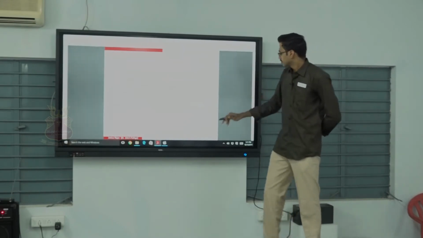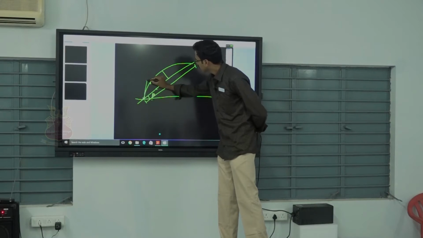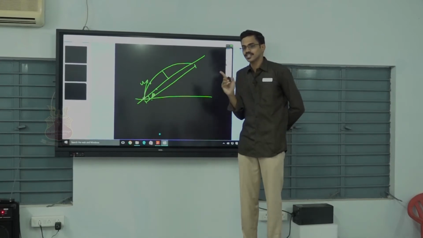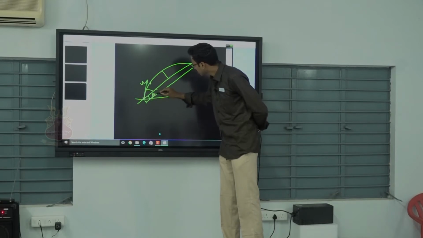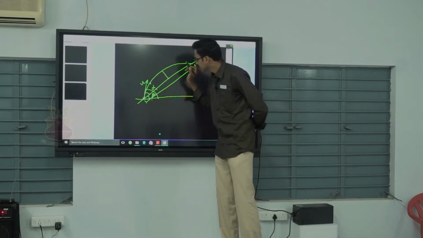The particle is projected like so, with u and angle of projection alpha to the horizontal plane. Then what is the angle from here to here? It is alpha.